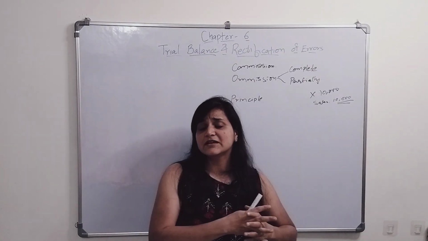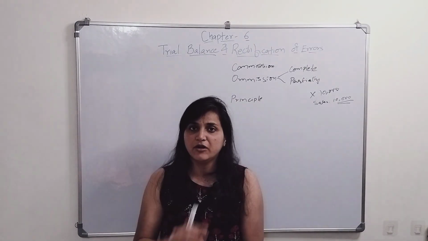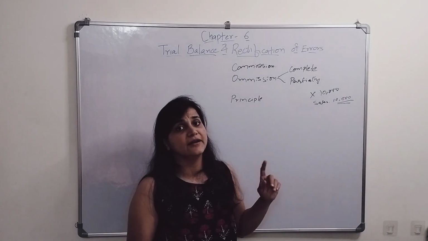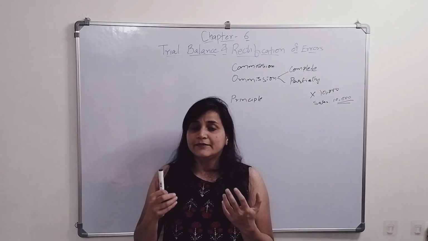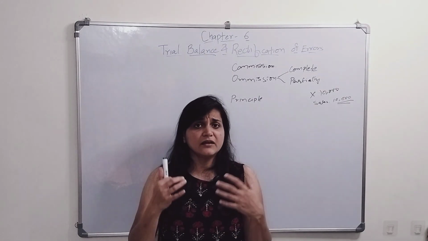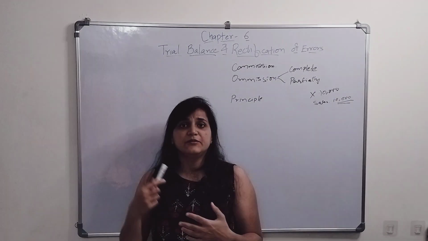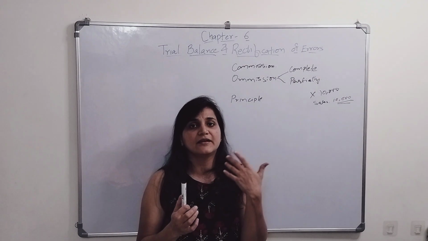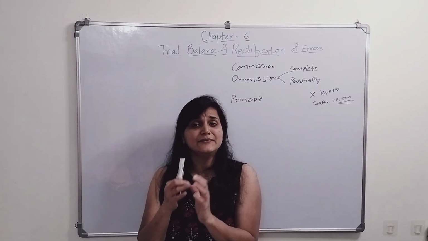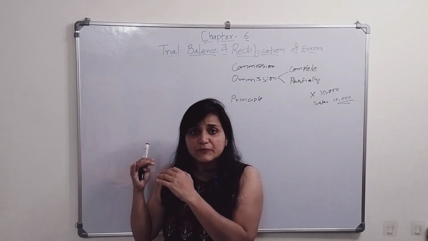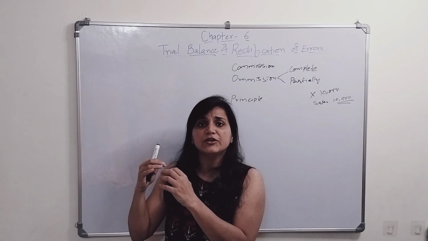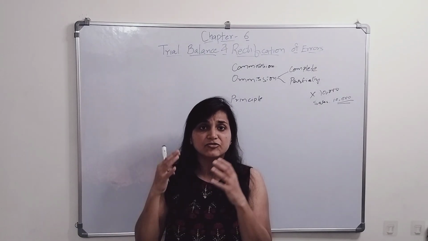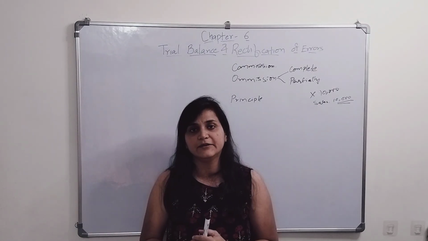If those concepts and conventions are not followed, you have committed an error of principle. For example, capital expenditure has been recorded as revenue expenditure, or revenue income has been recorded as capital income. That is going to affect your books, your income statement, and your assets and liabilities.